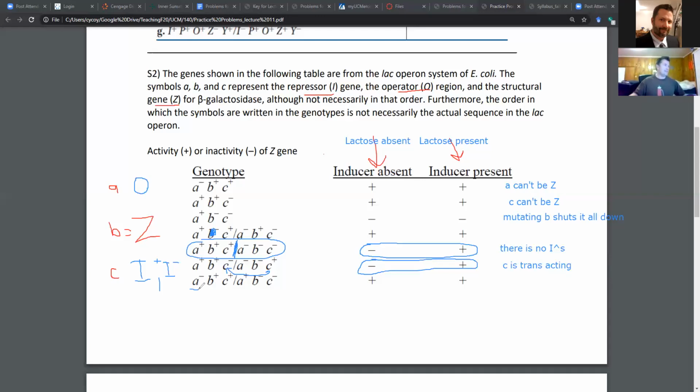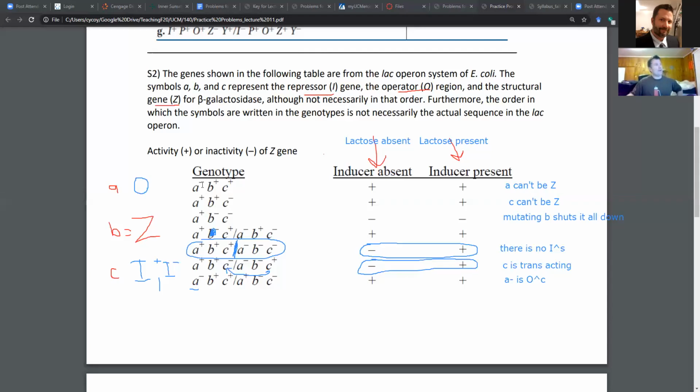Well, if we mutate the A, with everything else working normally, basically this is giving you the information that A minus is O C, because that being mutated is constitutive.